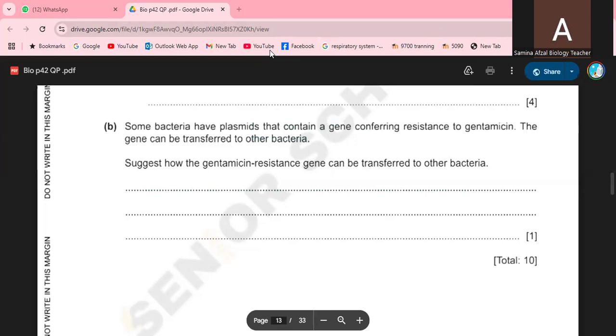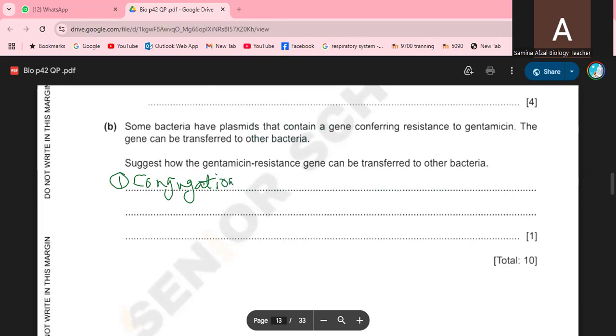Well, there are certain methods by which the gentamicin resistance genes can be transferred from one to the other. For this purpose, the first process is conjugation, which occurs in bacteria.